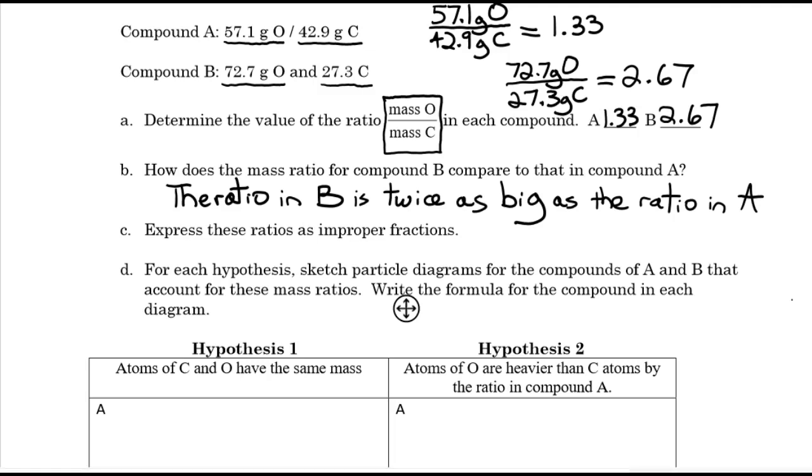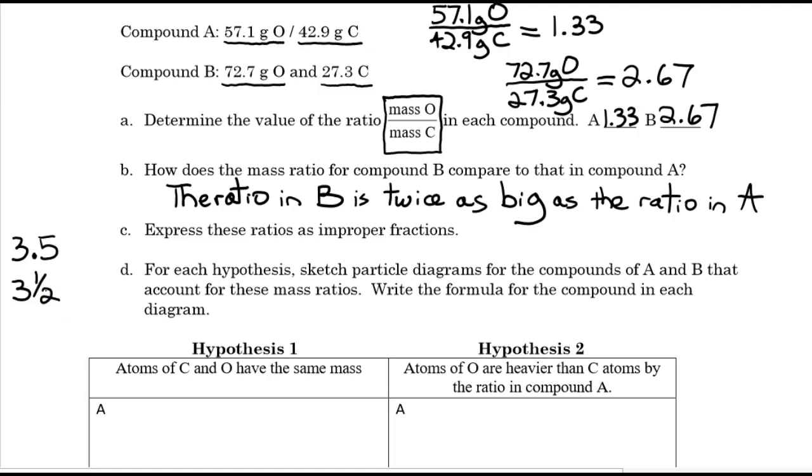Say, for instance, that I have a number like 3.5. I can express 3.5 a couple different ways. I can express 3.5 as a mixed number. That would be 3 1/2.